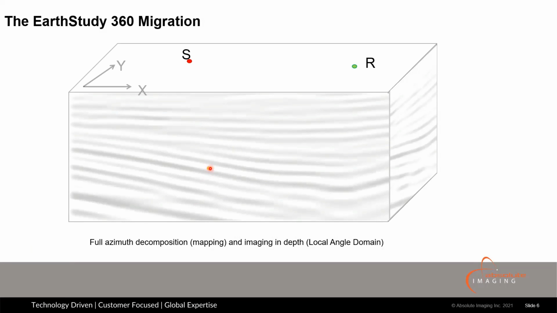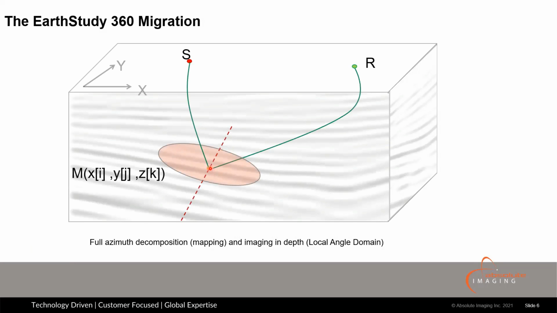From that subsurface point, we can shoot rays towards the shot and towards the receiver. Those two rays can be positioned based on the structure itself. So let's see what kind of decomposition we can do, and what kind of angles we can see from there.